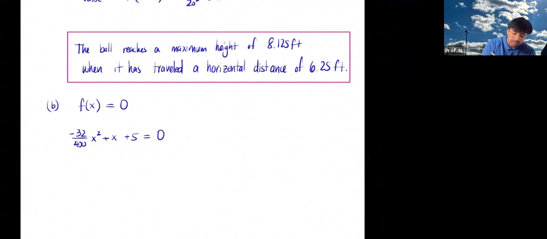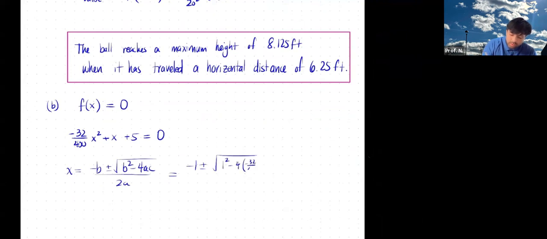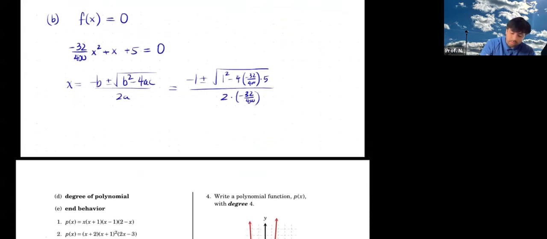And then the quadratic formula states the following. So x is equal to negative b plus or minus the square root of b squared minus 4ac all over 2a. This will be negative 1 plus or minus the square root of 1 squared minus 4 times negative 32 over 400 times 5, all over 2 times a, which is negative 32 over 400. 32 divided by 400 is 0.08, so you just write all of that as 0.08.